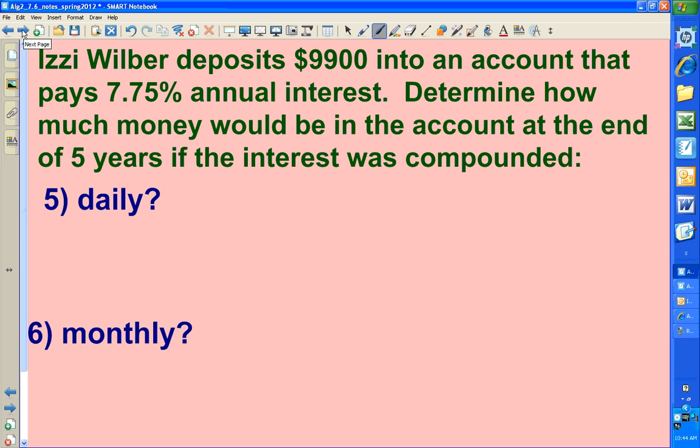A little bit of review. Compound interest. What's the formula for compound interest? T times n, or n times t, either way, whichever way you like.